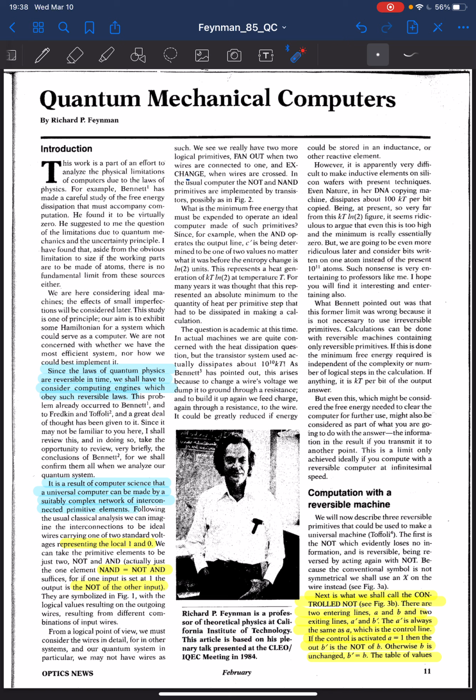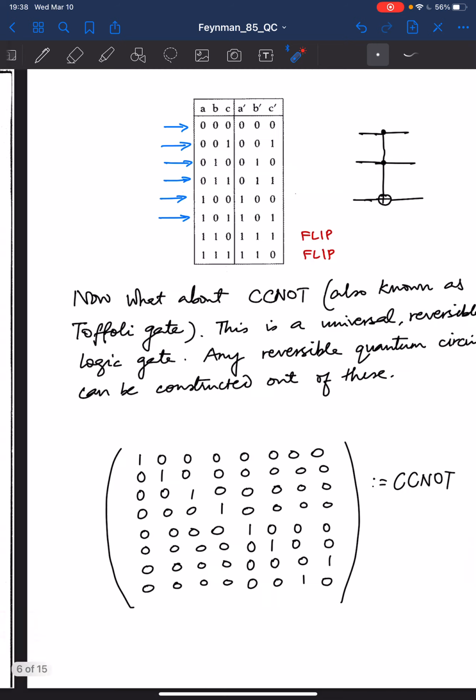And he discusses the fact that in computer science, any universal computer can be made by suitably connecting primitive elements, just like these gates we are talking about. He also mentions in these lines here the controlled NOT gate, which we just discussed.